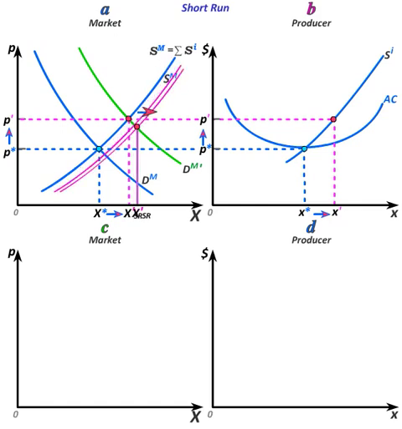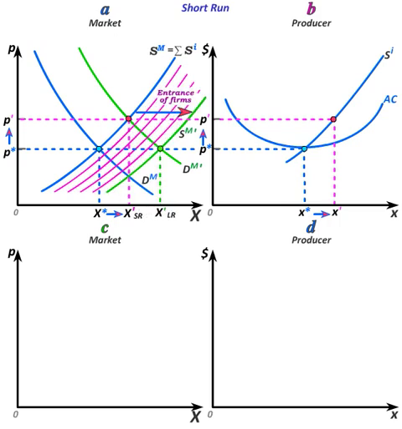But since price now lies above average cost, there's an incentive for new firms to enter in the long run. As this entry of new firms happens, the short-run market supply curve begins to shift to the right, putting downward pressure on price, and this downward pressure continues as long as there are positive profits to be made by entering the industry.